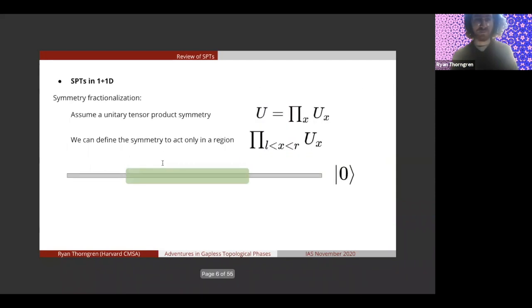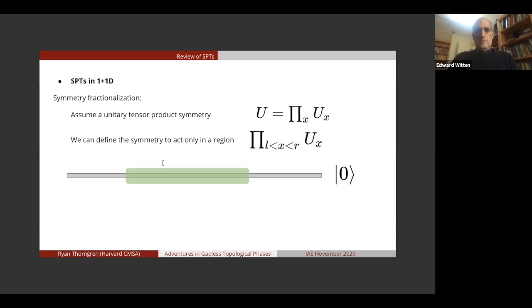So let me review 1+1 dimensional SPTs for you. The main feature that we can use in a gapped system with unbroken symmetry is called symmetry fractionalization.